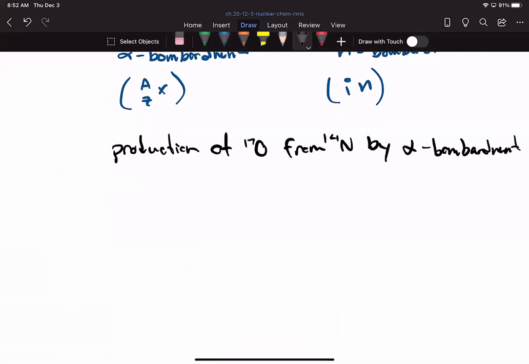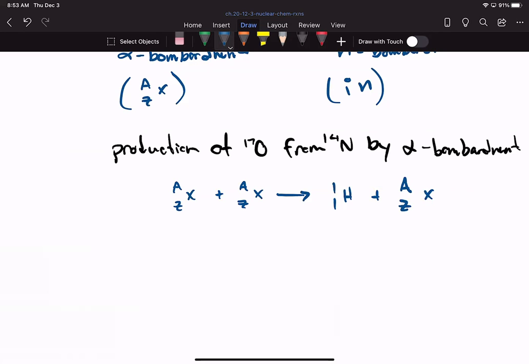All right. So when we do alpha bombardment, the general formula that's used is we're going to take one nuclide plus another nuclide, and then we're going to get a proton plus we're going to get our new product here.